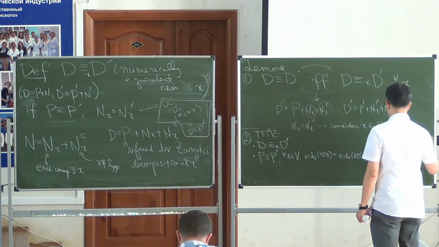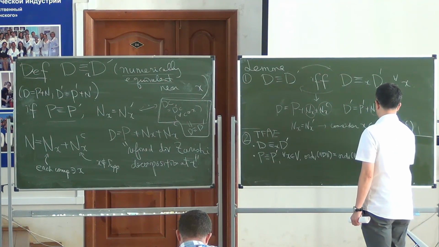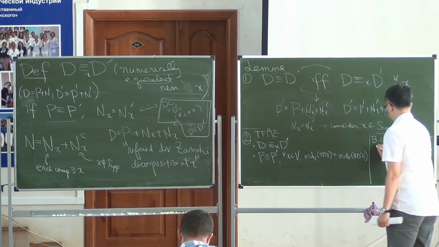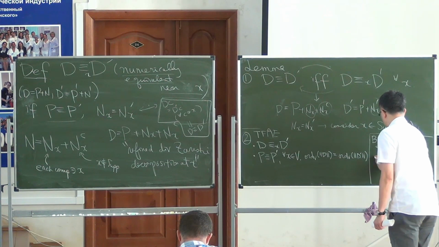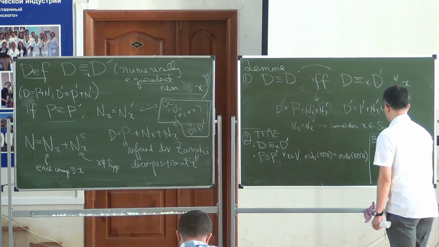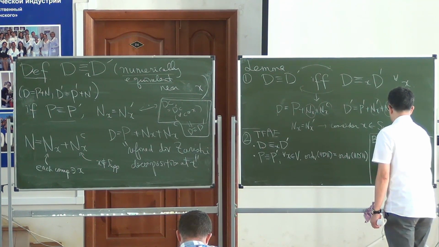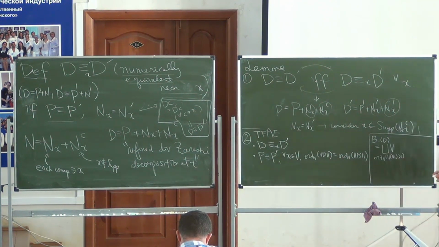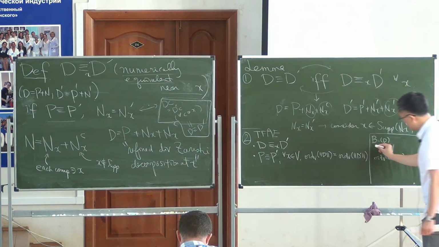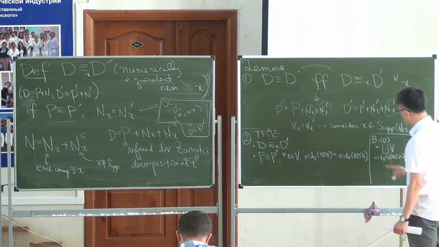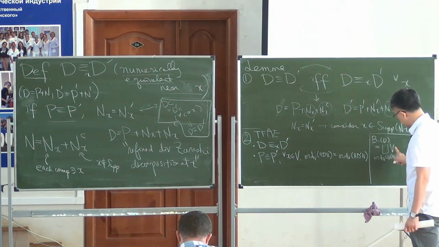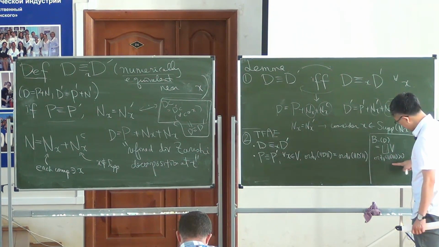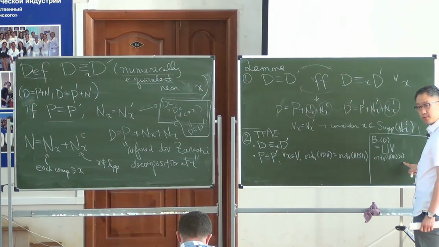Here we recall this fact: B minus of D is actually the union of V where order_V(D) is positive. So this is one fact for B minus. B minus is the union of the irreducible subvarieties whose order is positive.